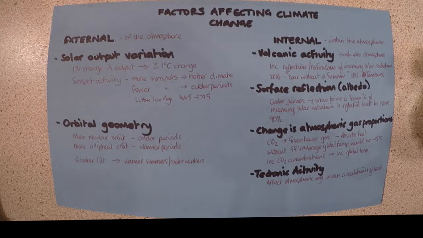If there was a tectonic movement, and it would take a long time, that could block or divert the Gulf Stream, then the UK would be very negatively affected, with an average temperature of about 15 to 20 degrees Celsius lower at some point. Okay, so they are the 6 factors affecting climate change.